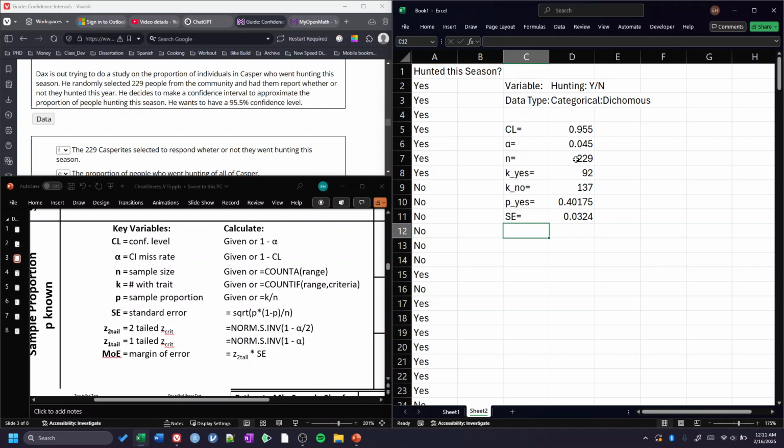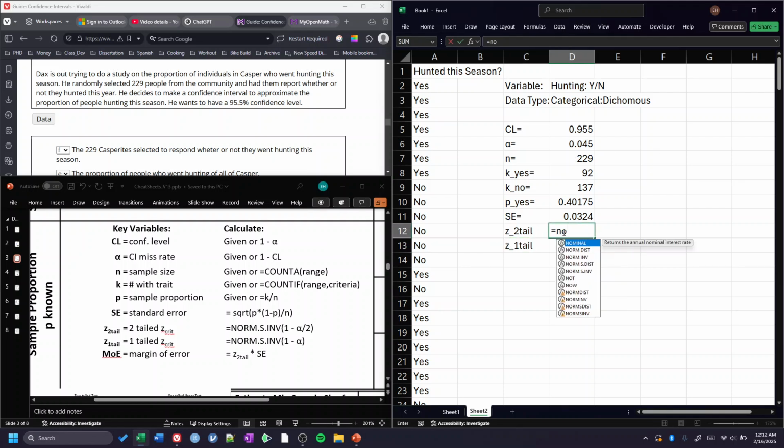The next thing that I'm going to do is I'm going to get both of these z distribution, the two-tailed and the one-tailed. You will always use the z distribution when we are doing confidence intervals with respect to proportions. So I'm just going to call this a z two-tail, and I'll call this next one z one-tail. And they're very similar in our calculations.